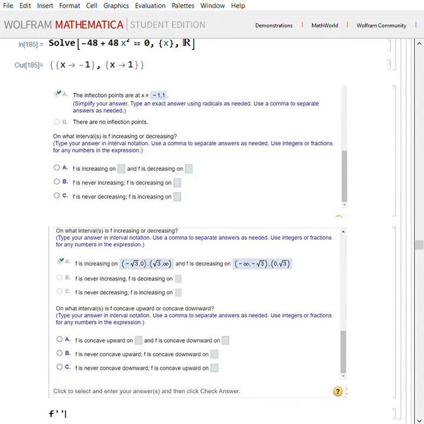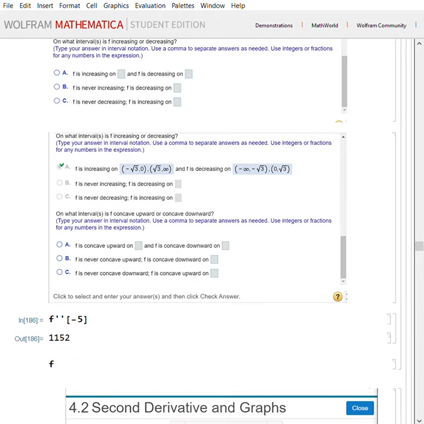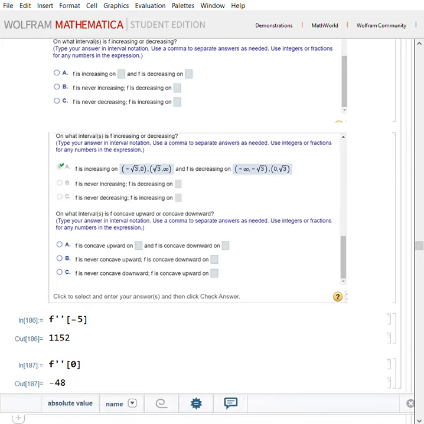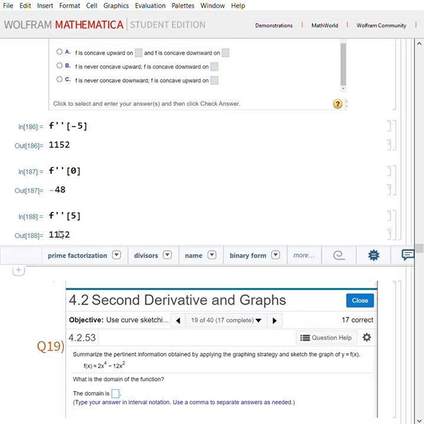So f prime prime of -5 is positive, so it concaves upwards there. Then f prime prime of what's between -1 and 1, 0. That's negative, so that concaves downwards. F prime prime of what's above 1, 5. And that concaves upwards.